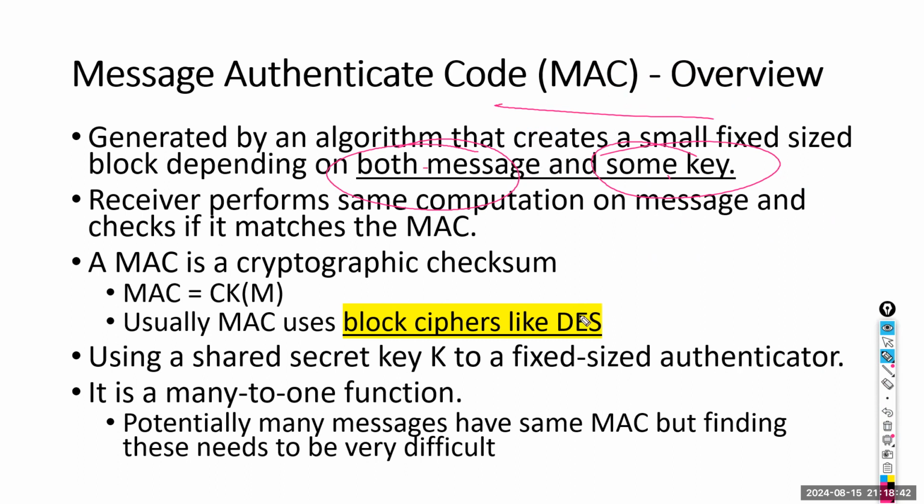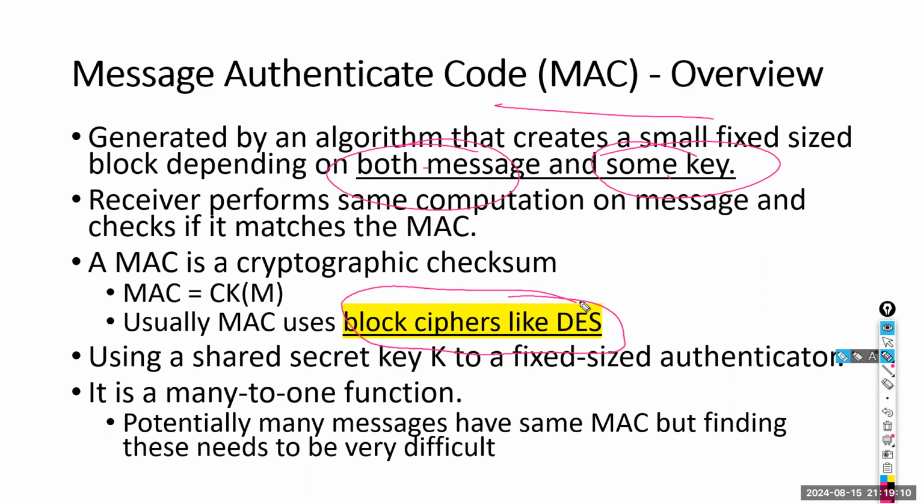So usually MAC functions are different from hash functions. Usually the MAC function is a block cipher like DES. You will learn what is DES later when we do the cryptography, Data Encryption Standard. So therefore, first of all, the function itself is different. It is not a hash function. It is a MAC function.